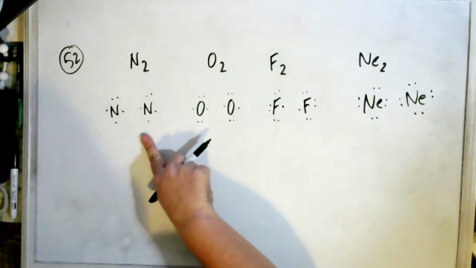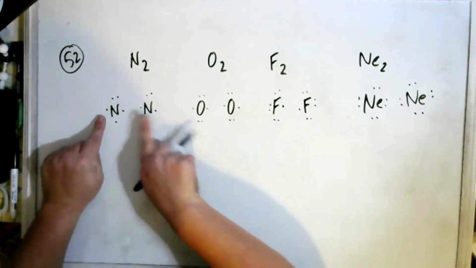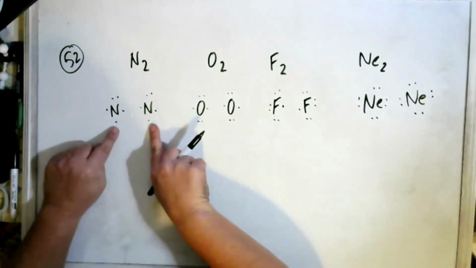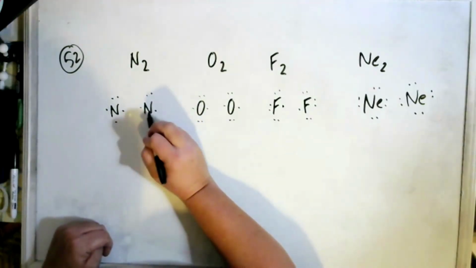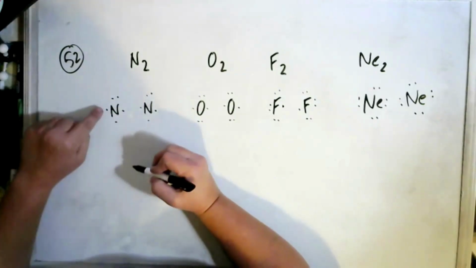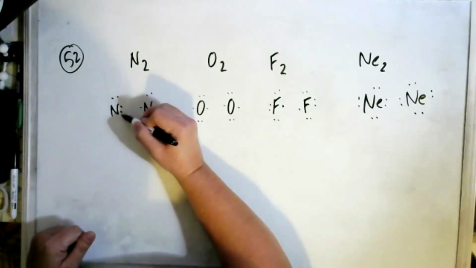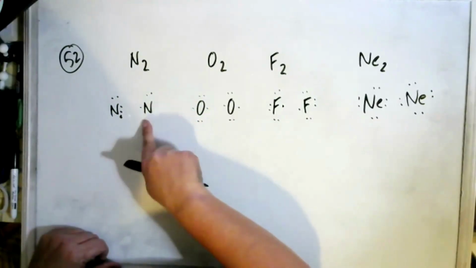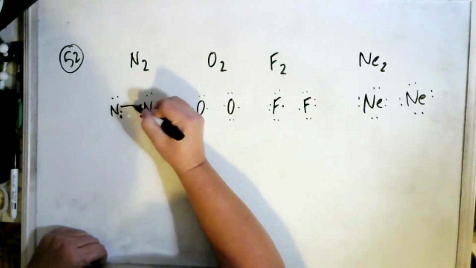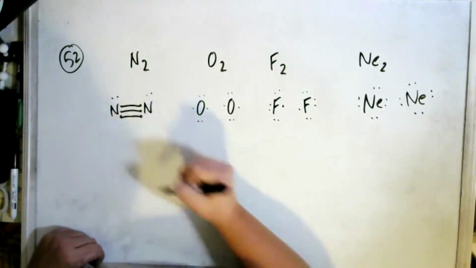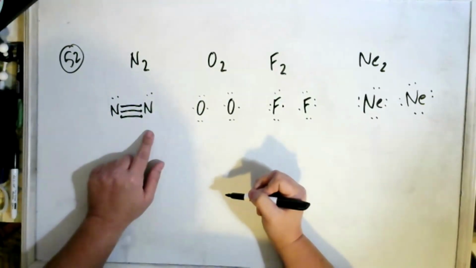In each of these other molecules, right? Like with nitrogen, you see how each nitrogen has 3 electrons that are singles, they're all by themselves. So for nitrogen, they'd be really happy to take all these single electrons, right? They'll line them all up in a row like this. This other nitrogen will take its 3 single electrons, line them all up in a row. And now they'll share. And now both of these are going to have 8 electrons.